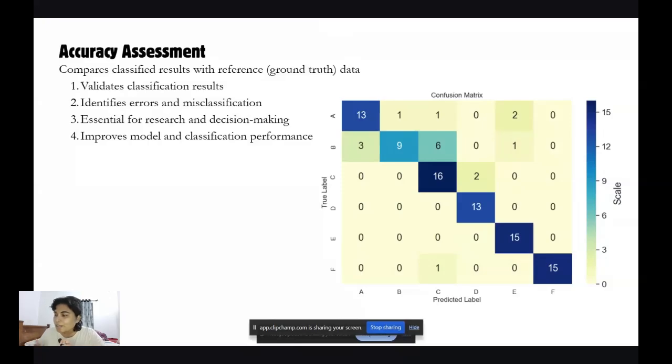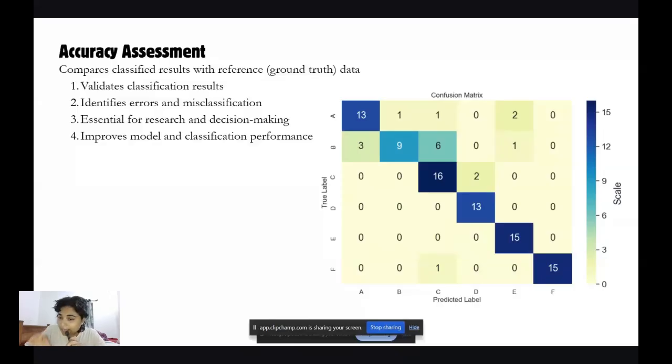Whether you are classifying different lithologies, or different mineral zones, different grades of a contact aureole with respect to earth sciences, or different types of soils or different types of nutrients, and maybe moisture content and things like that, how well fertilized they are, or even if your classification technique is as simple as land use, land cover, or whatever kind of classification you are working upon, you have to always back it up with the degree of accuracy that you have received after going through this classification, whichever classification method you use.